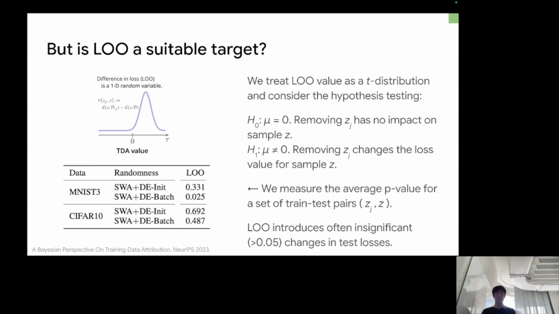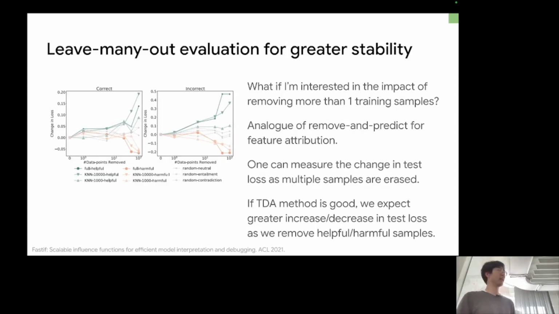But in general, it's difficult to expect a consistent behavior of the model being affected by a single point removal more than other randomness in the training procedure. So that kind of tells us that leave-one-out is potentially a very ill-defined target. It's a very random target that we have to optimize for.